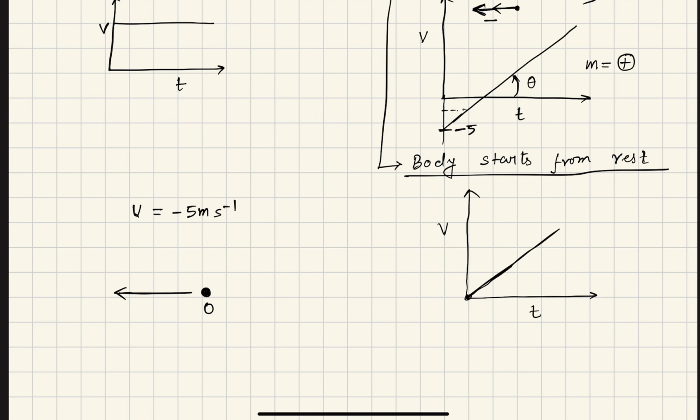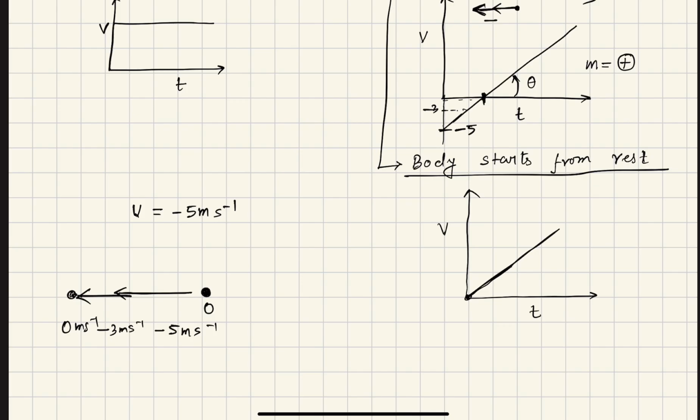In this position it will be minus 3, and here it will be 0. So it was going initially at minus 5 meter per second. Then after some time it becomes minus 3 meter per second, and the body comes to rest, that is 0 meter per second. This is this point. The body is at rest.